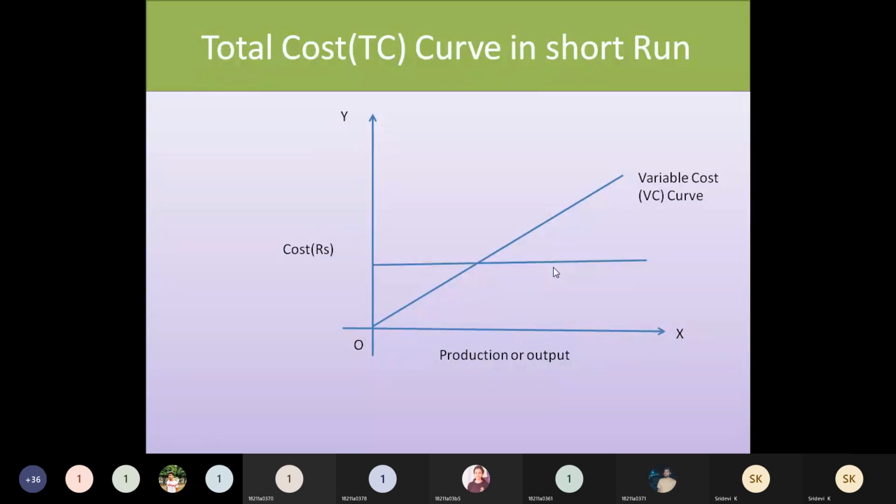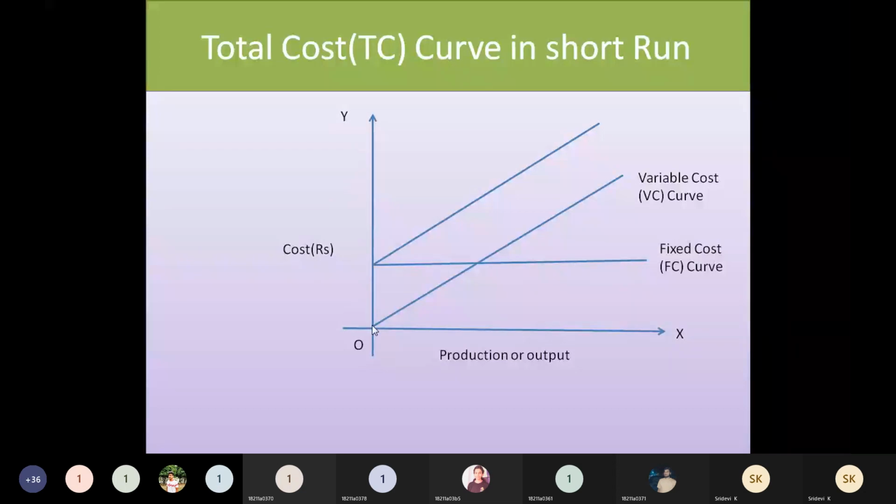And the fixed cost will be flowing from some limit above the origin. Whatever that may be, that will be fixed throughout the output. And the total cost curve will be flowing from this point where the fixed cost curve is flowing. So you must be very careful to remember this. The total cost curve will flow from the fixed cost point.